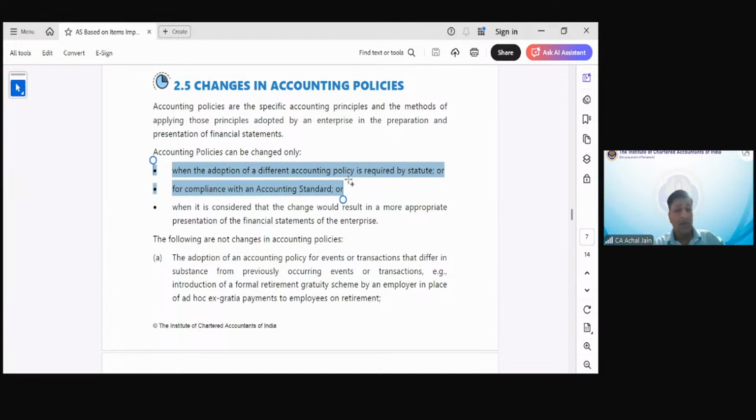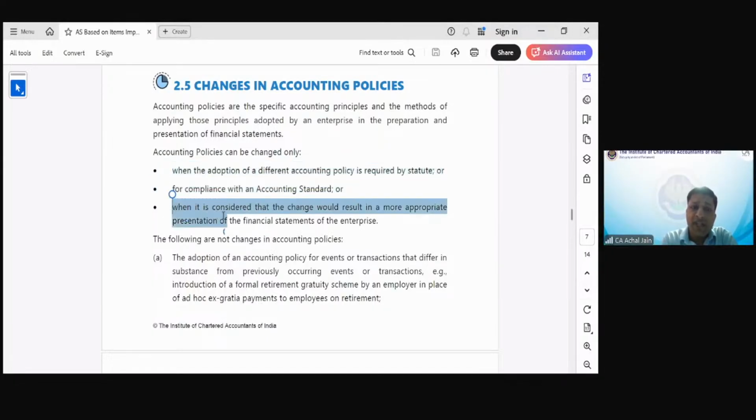Now, third situation. This third situation is very important, because this will require some sort of analysis by the company. Now, what does it say? It says an accounting policy can be changed when it is considered that the change would result in more appropriate presentation of the financial statements of the entity.